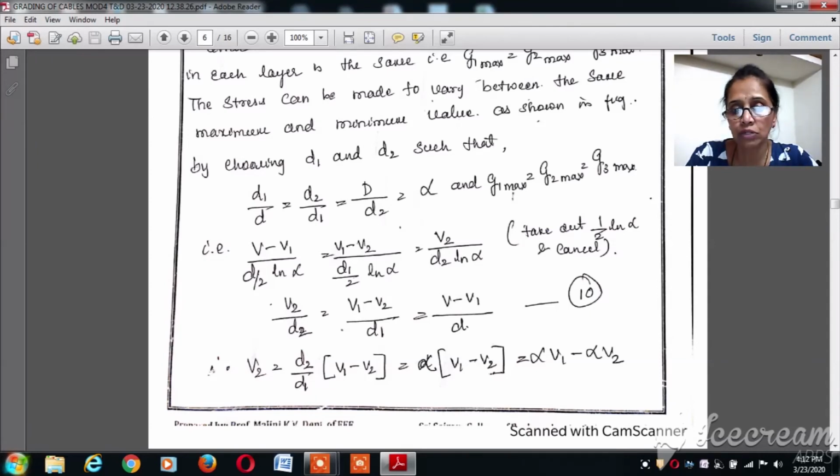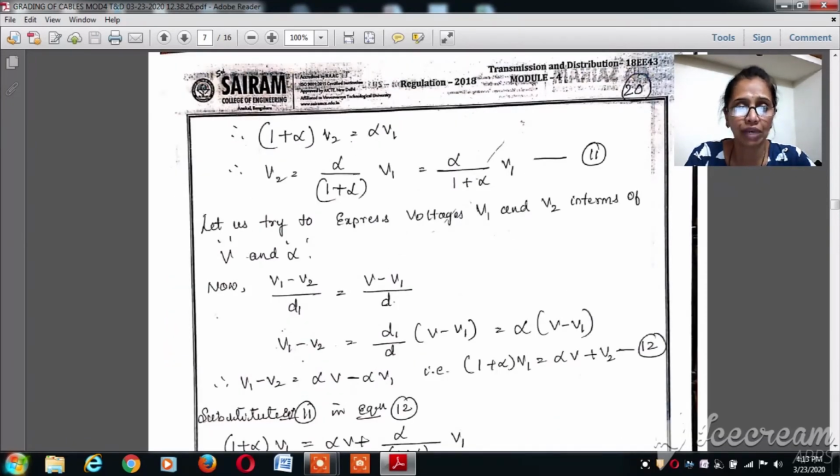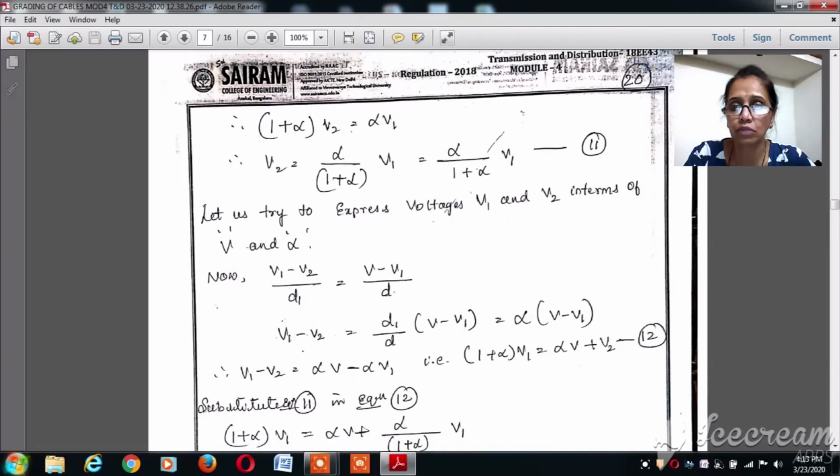D2 by D1 is nothing but alpha, so it reduces to alpha into V1 minus V2. Expand the equation: alpha V1 minus alpha V2. Taking out the common terms, 1 plus alpha into V2 is equal to alpha V1. So V2 is alpha divided by 1 plus alpha into V1. Let's keep this as equation 11.